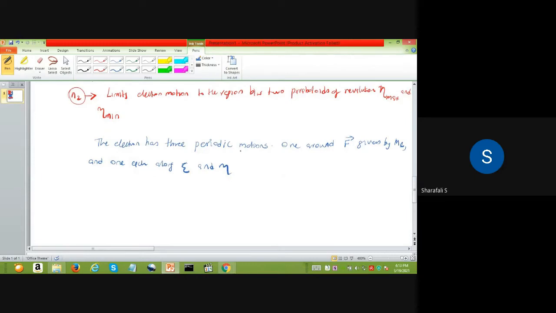eta. Okay. So these two: one around field F, which is given by the ML quantum number, and one each along this epsilon and eta, given by, for epsilon it is n1, right? And so n1 and n2 respectively.